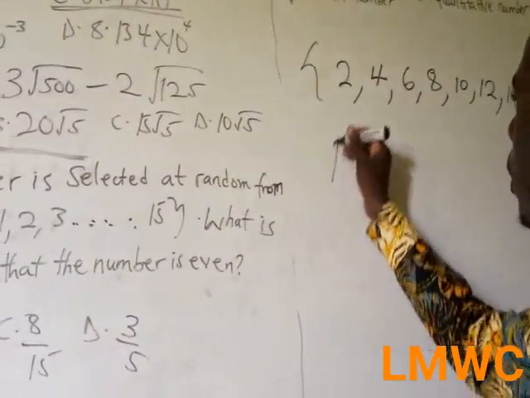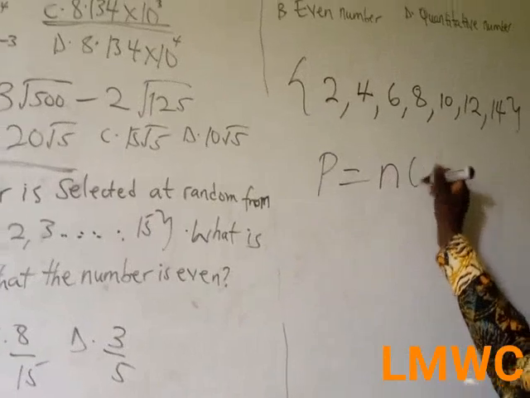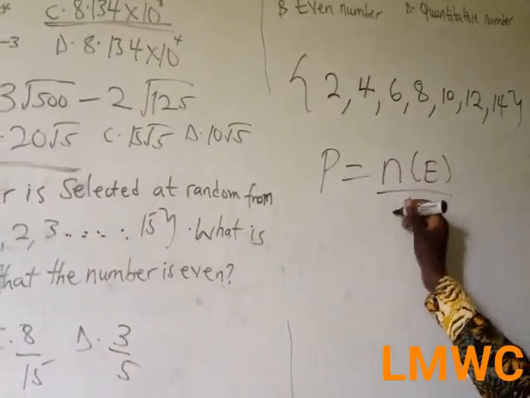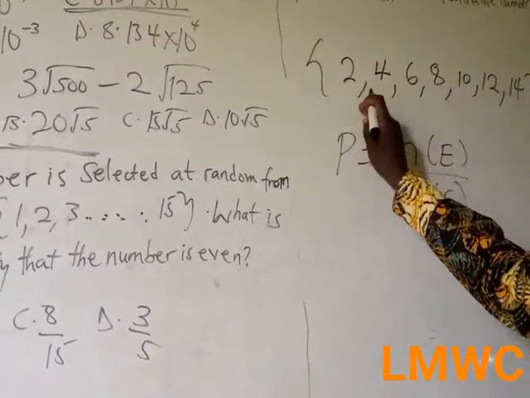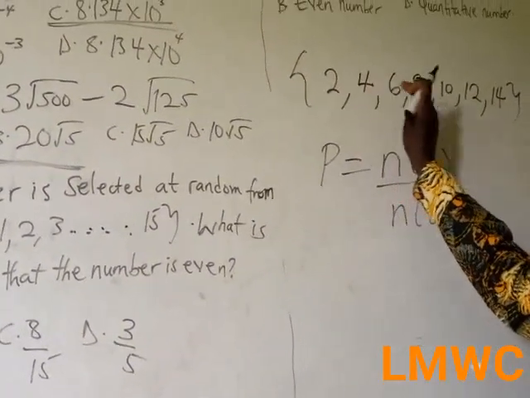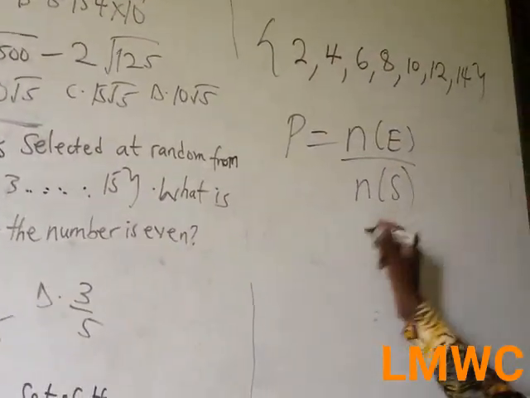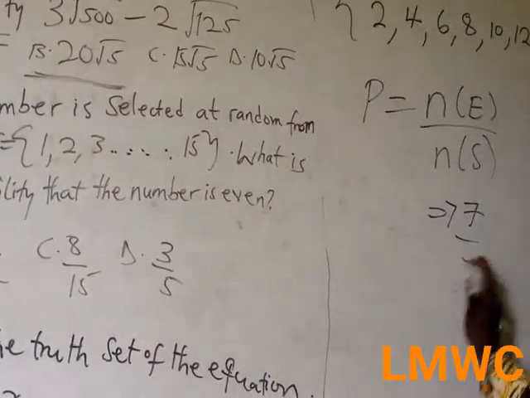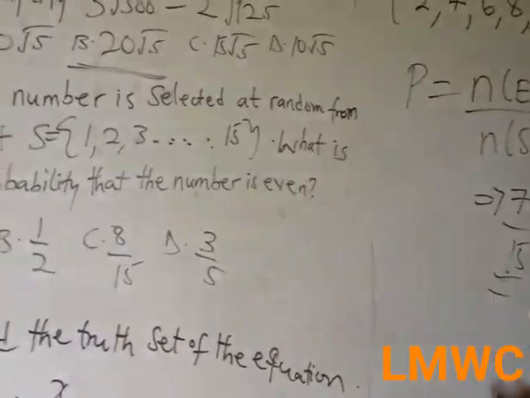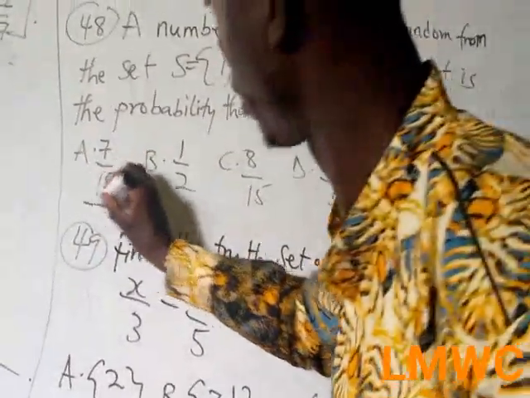And we know the probability formula is number of events over number of sample space. What is the number of events? Let's count the even numbers: 1, 2, 3, 4, 5, 6, 7. So we have 7 over the total numbers, which are 15. So it's 7 over 15. The answer is A.